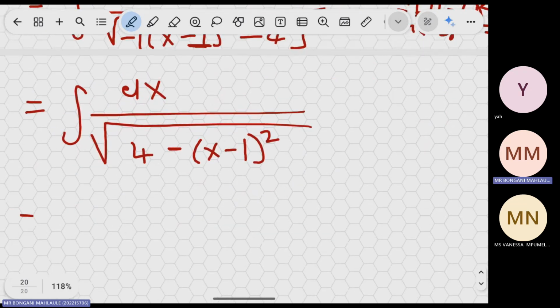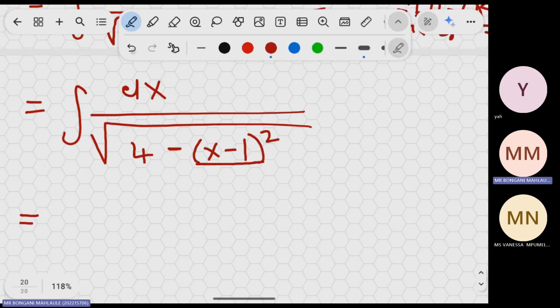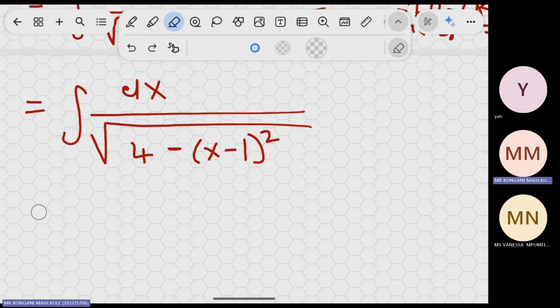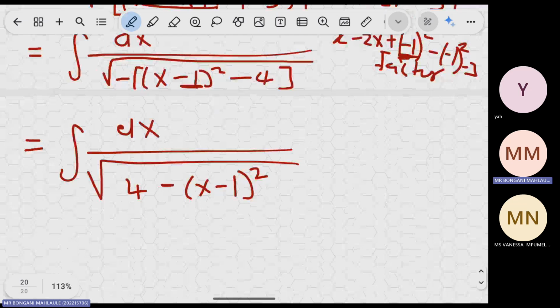And from here you can also try using u substitution. I think it can help. You let this one be u, isn't it? Let's use u substitution from here and see what we'll get.